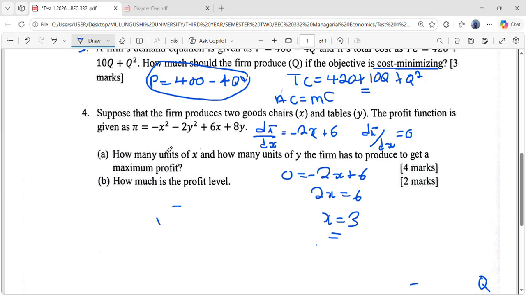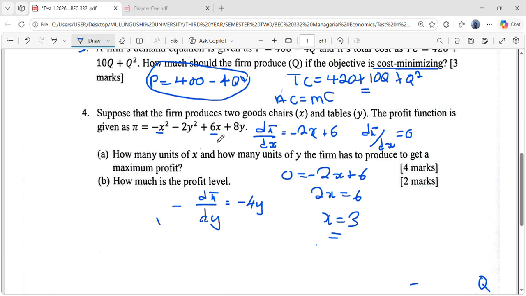Then we differentiate with respect to y, holding x constant. So d profit over dy is equal to, since we are holding x constant, here there is no y, meaning this is 0, here it gives us negative 4y.